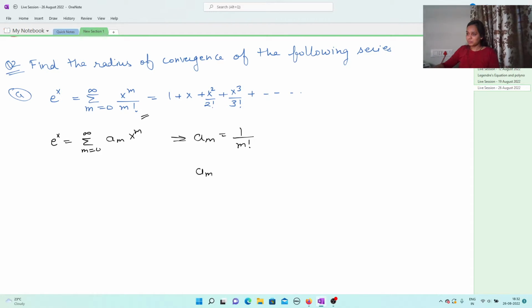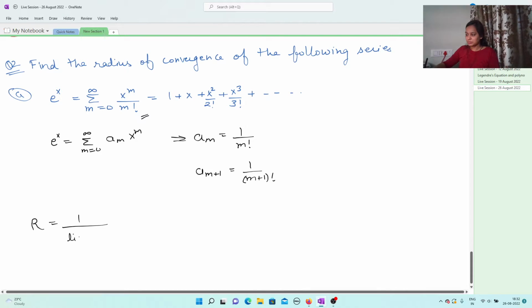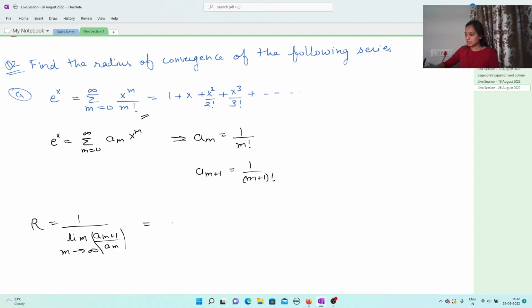Similarly, an plus 1 can be written as 1 over n plus 1 factorial. Now, how do we define radius of convergence? As 1 over limit n tends to infinity an plus 1 over an. So this is how we define radius of convergence.